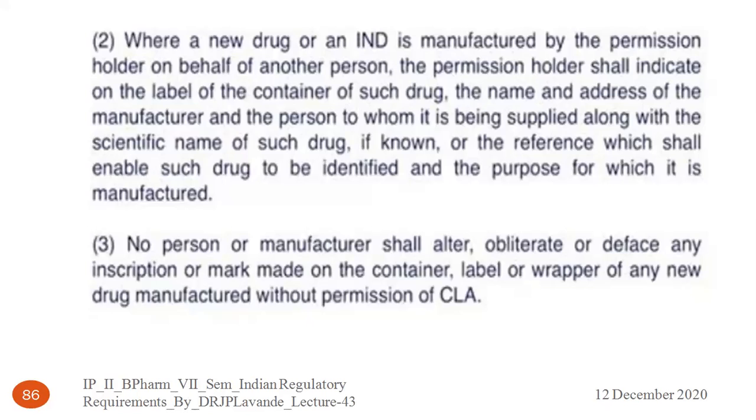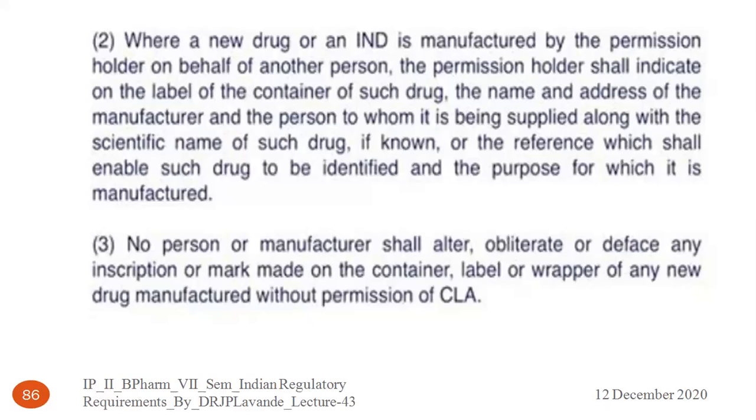So let us say, for example, if the permission is taken by another person, and on behalf of that person the permission holder is manufacturing, then they should contain all this information.